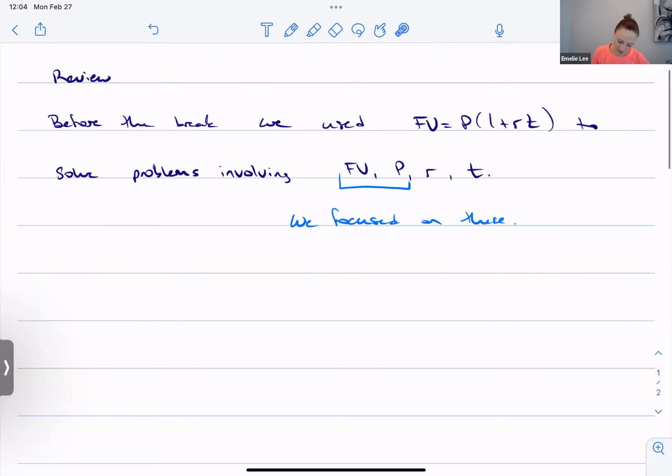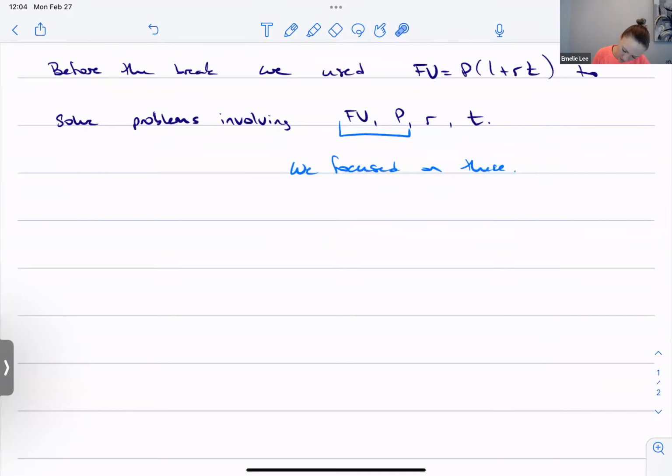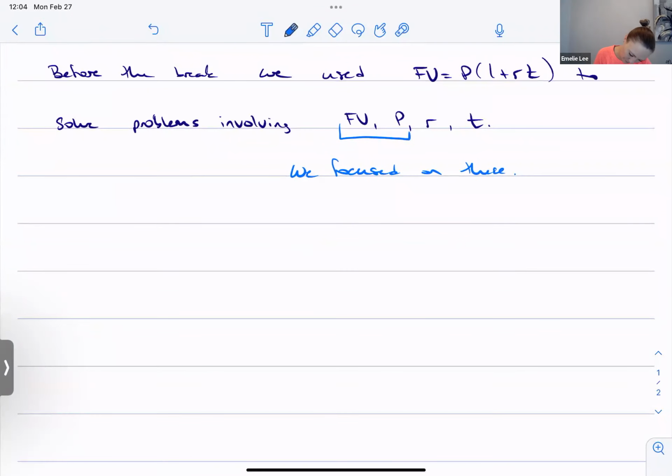And the next section, section 4.6, will serve as review for these concepts.